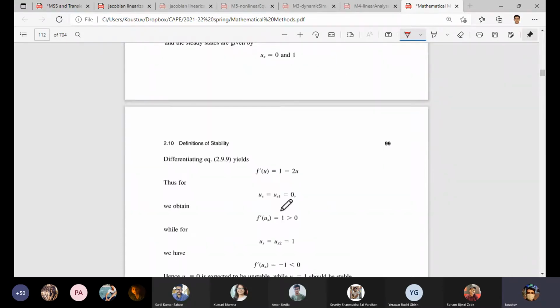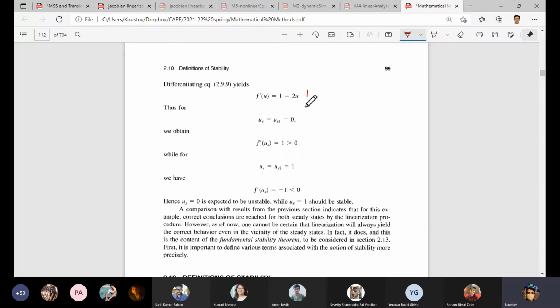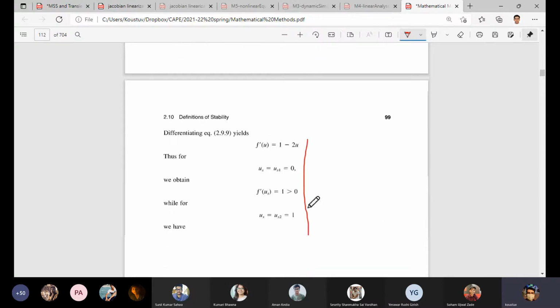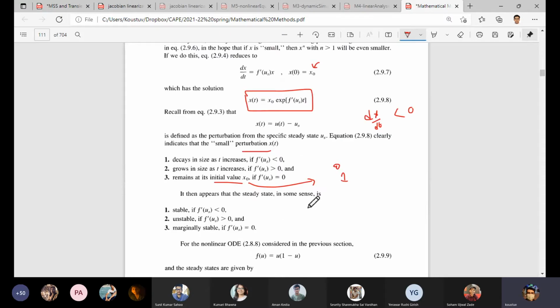Just what we have done, we have done some mathematical formulation and calculations, and we have found that the point 0, which is one of the steady states, is unstable, and 1 is stable. So this sort of analysis is obtained only after you have linearized it, but it has been shown for single valued functions.